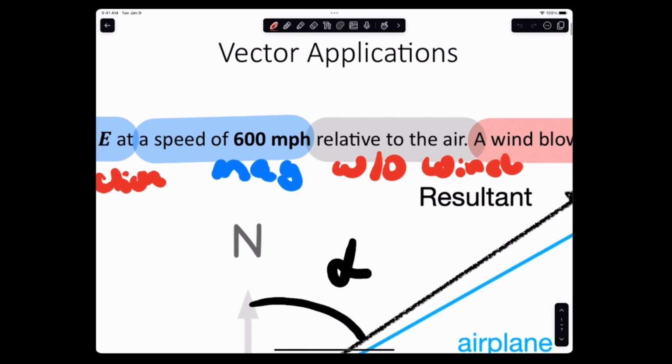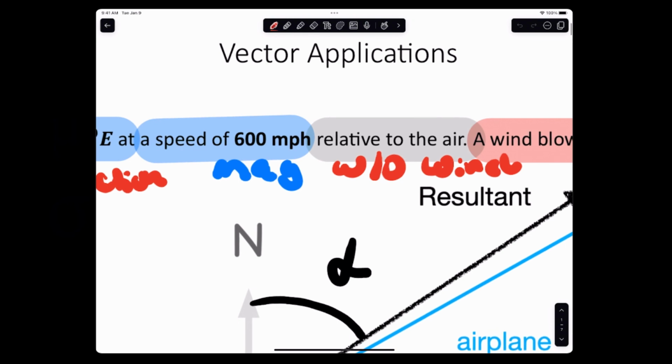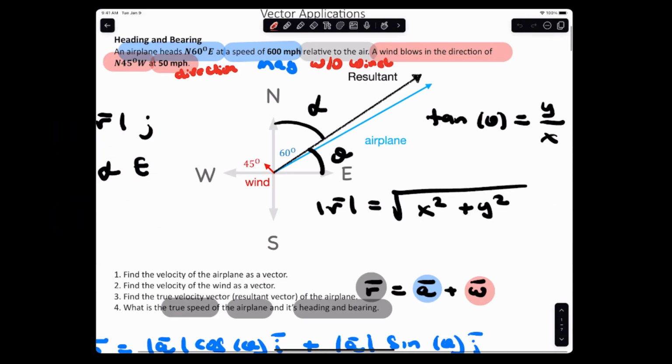Yes? So what exactly is the method of doing part 1 and part 2 of that question? It's what we did yesterday. You need the magnitude of the blue vector and the direction. Oh, so it's sine and cosine? Yep. It's right here that we just put in our notes.